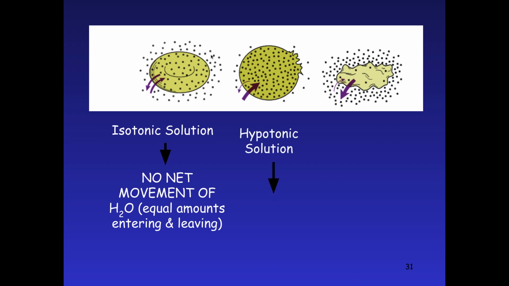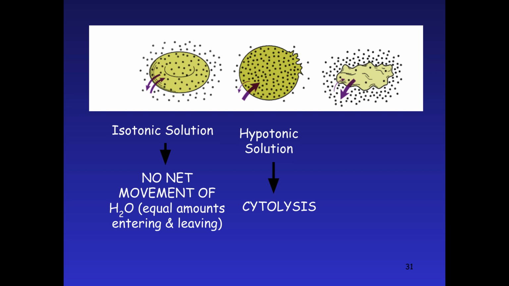Hypotonic solution, what can happen is cytolysis. Anyways, the word cyto means cell, and the word lysis means to cut. So what we get here is the cell membrane breaks or splits open, and the cell can die as a result of being in the hypotonic solution, right?